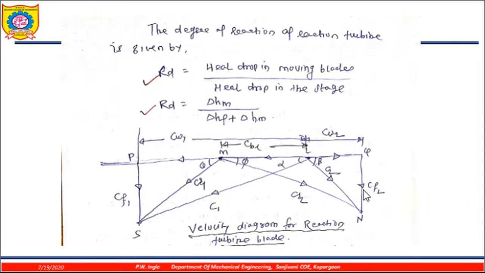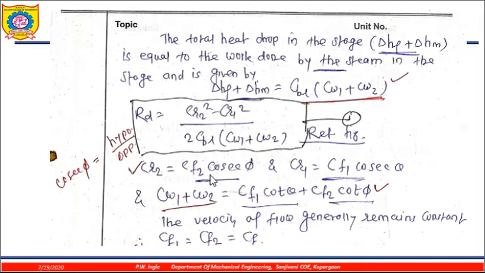So cosec phi equals Cr2 upon Cf2. Then Cr1 equals Cf1 cosec theta. So Cr2 is Cf2 cosec phi, and Cr1 is Cf1 cosec theta.